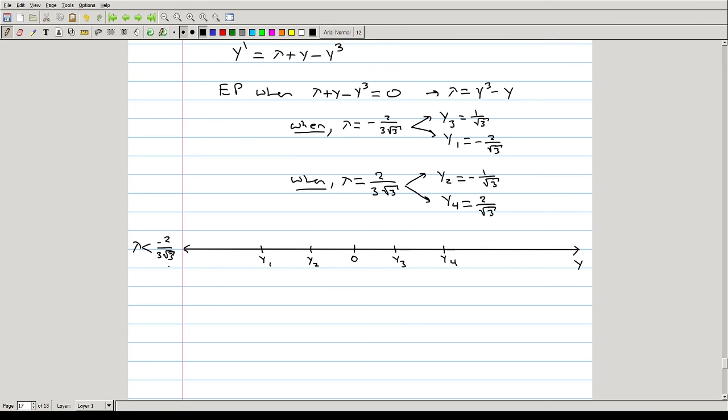So when lambda is less than negative 2 over 3 times the square root of 3, there's only going to be one real root to this cubic polynomial. Call that yr1.